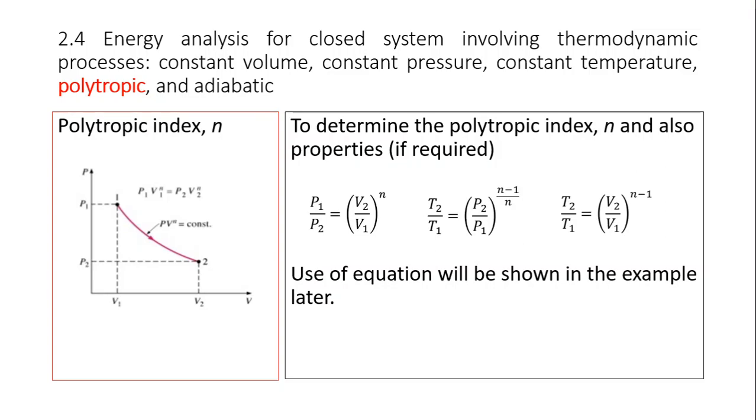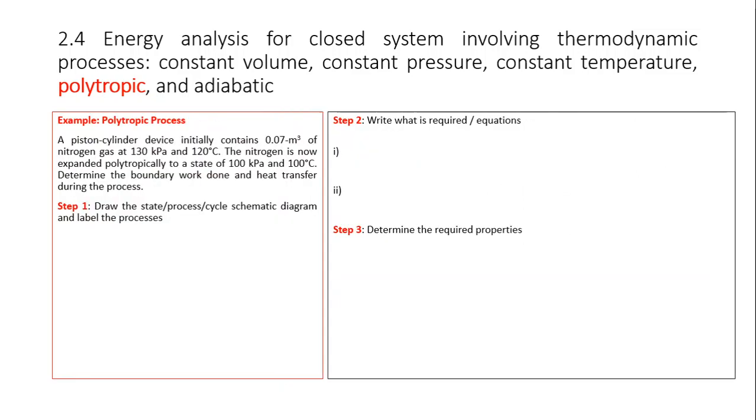So we can use any one of these three to determine the value for n. And also, this relationship equation is helpful to help us to find the properties such as pressure, volume, and temperature if it involves a polytropic process.